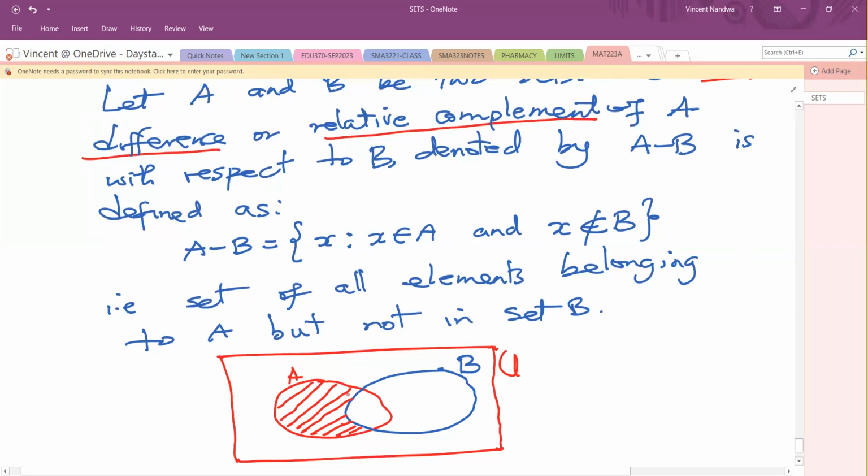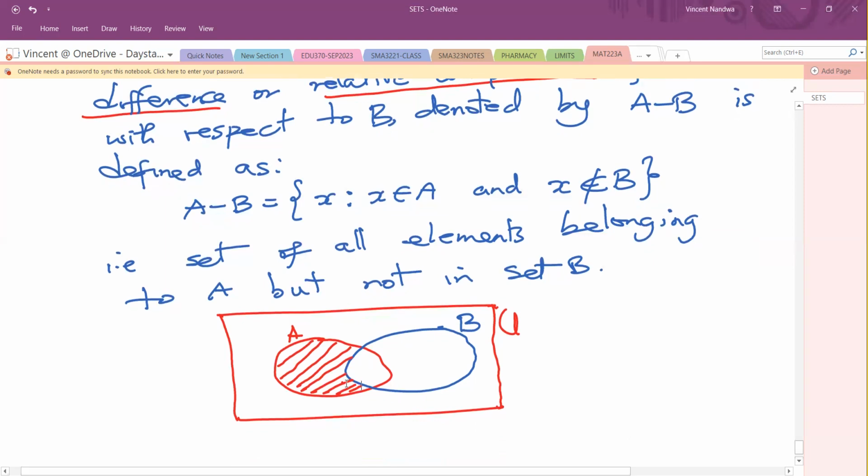So the shaded part is what defines the set A minus B, meaning it is a set that contains all elements that are counted to be in set A, but removes all those elements which can also be regarded to be in set B. So you are exclusively in A and not in B. So what we have here is A minus B.